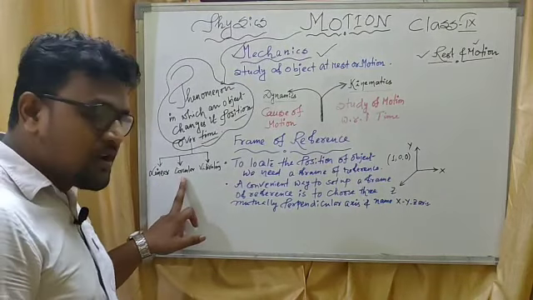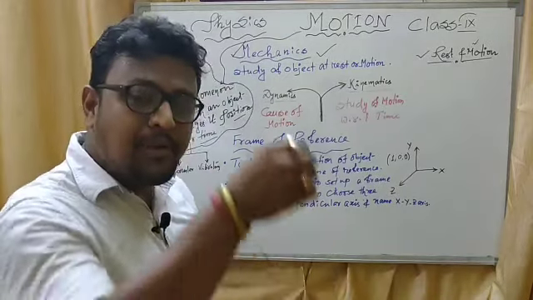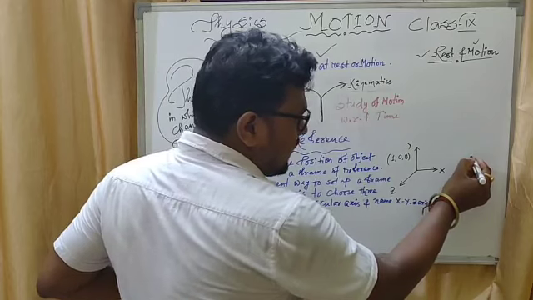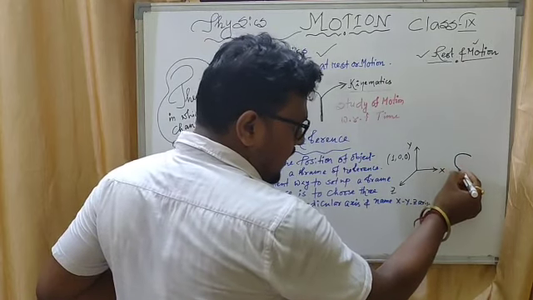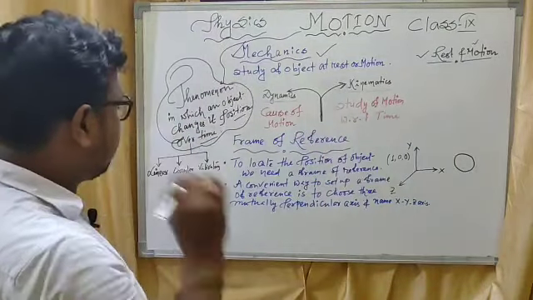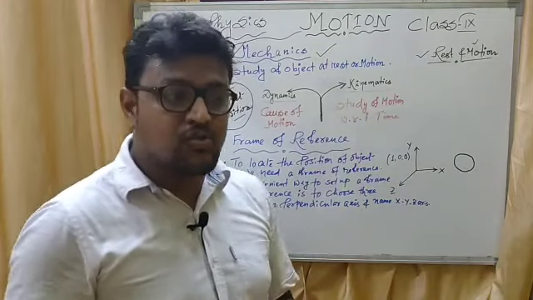And what is called circular motion? Circular motion means a particular fixed point. For example, this point moves and comes back to here, like a circle path. The third part is called vibratory motion. What is vibratory motion?